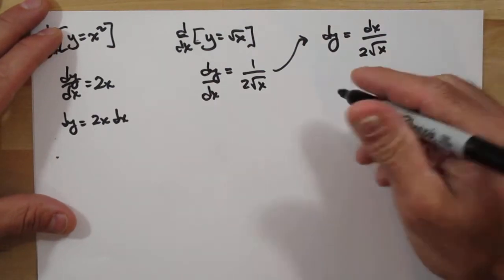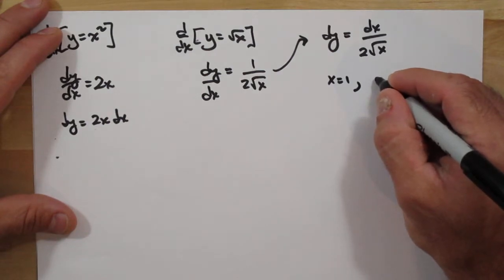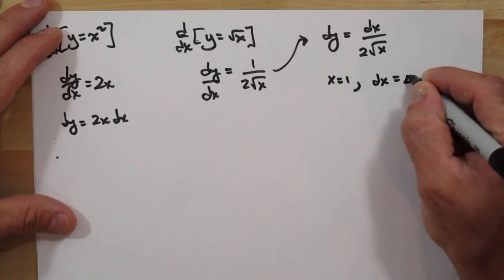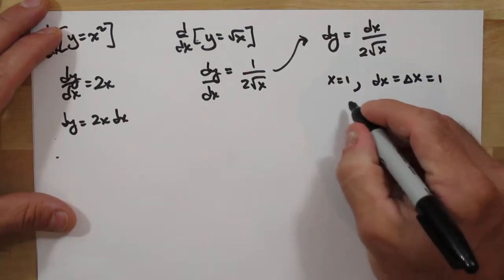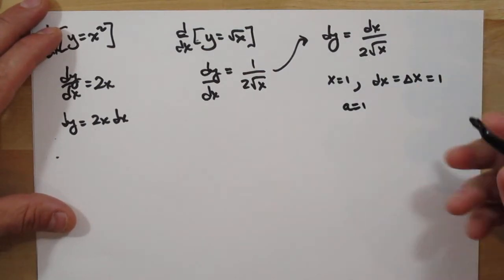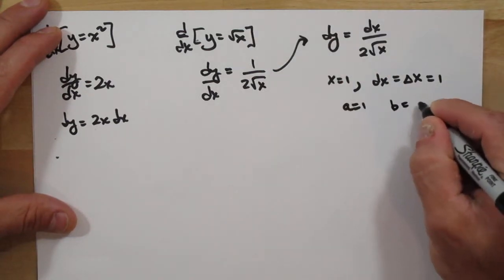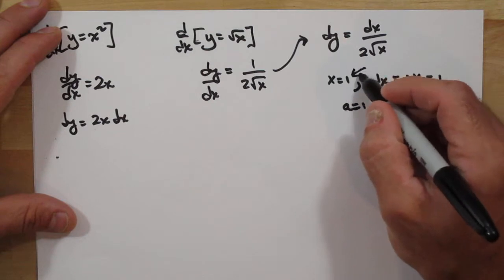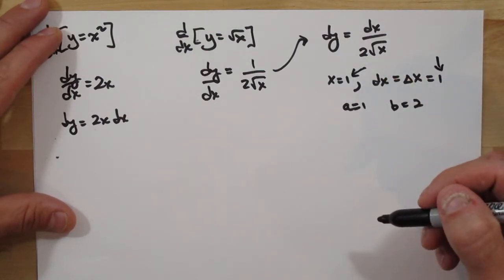Okay, so let's say that x equals 1 and dx, which is equal to delta x, is also equal to 1. What that would do is make a equal to 1 on our square root of x function and b equal to 2. So if a equals 1 and dx equals 1, then b equals 2.